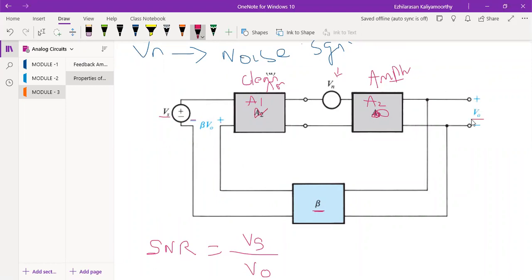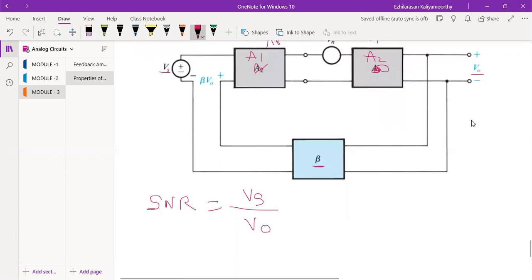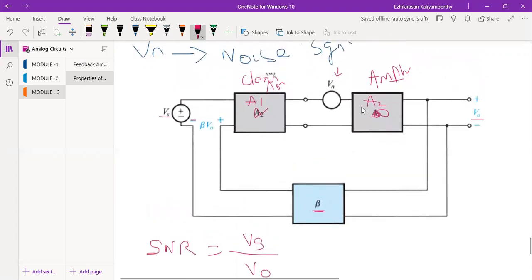So the block A2 represents the gain of A before the entry of Vn. The block A1 represents the gain of the amplifier after the entry of Vn.